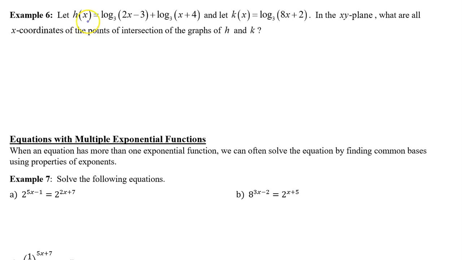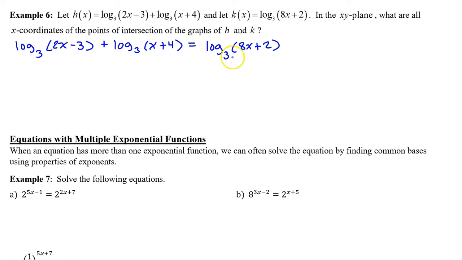Example 6. Let h of x equal this log expression, and let k of x equal this log expression. In the xy plane, what are all x coordinates of the points of intersection of the graphs of h and k? The intersection points will be the x values where h of x is equal to k of x. So, as before, our strategy will be, let's set these two expressions equal to each other and solve.